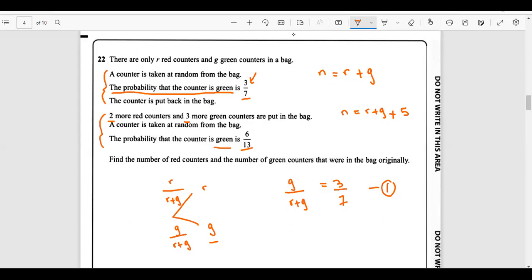Just tell me the probability in terms of R and G. G is not 3. They're saying 3 more green counters. Initially, we had G green counters. Now we have 3 more, so we would have G plus 3 counters in the bag. And we need to divide it by the total number, that is R plus G plus 5.